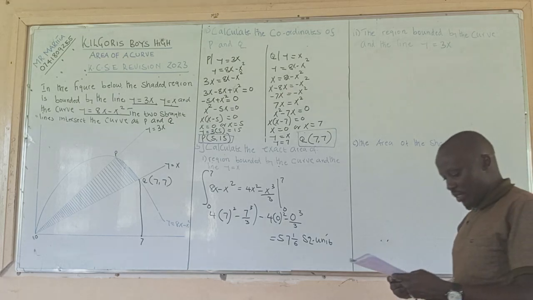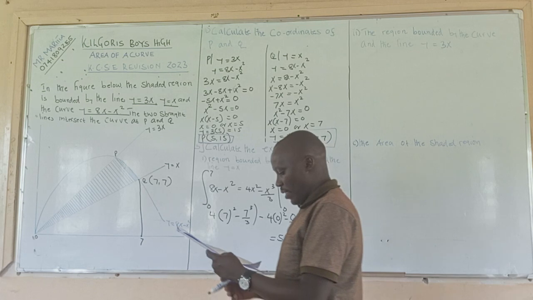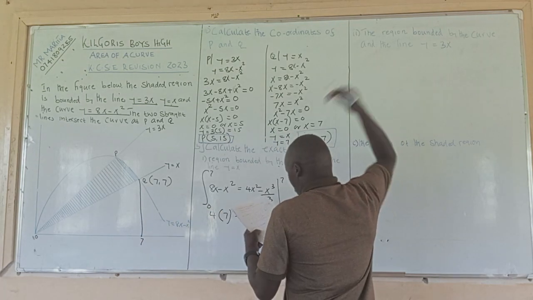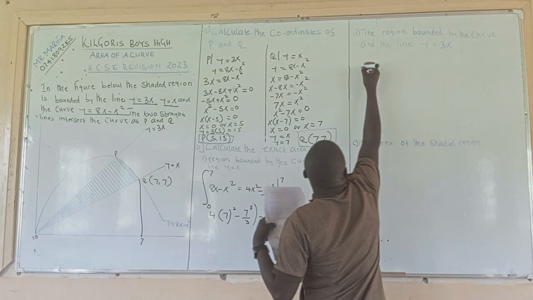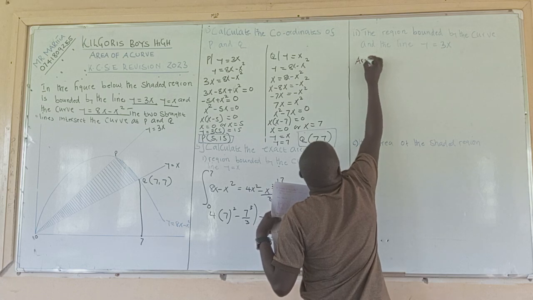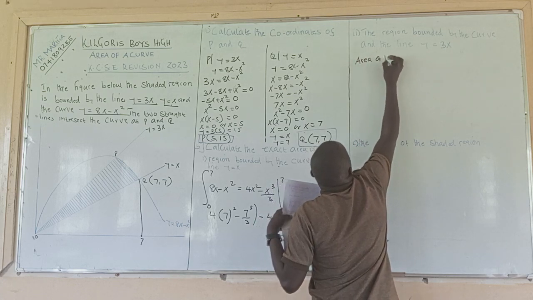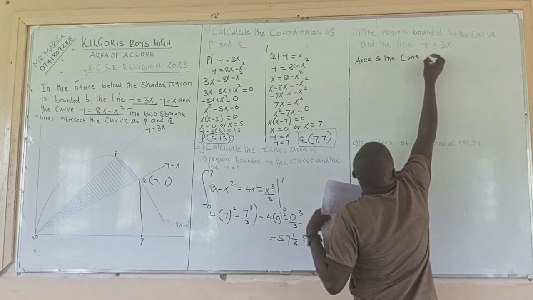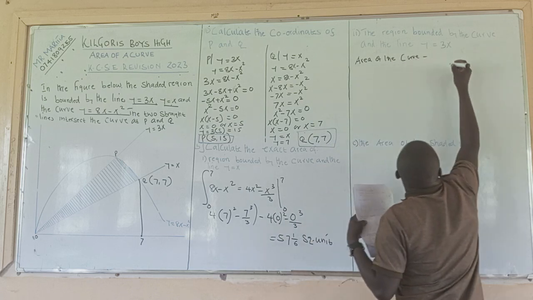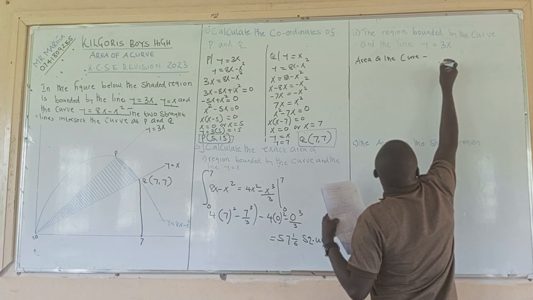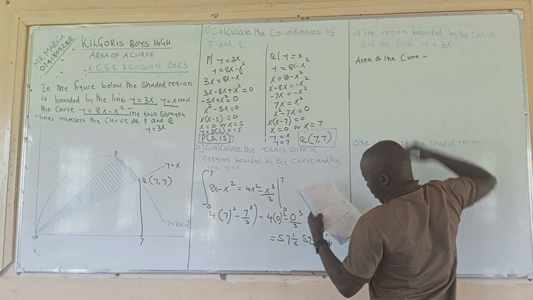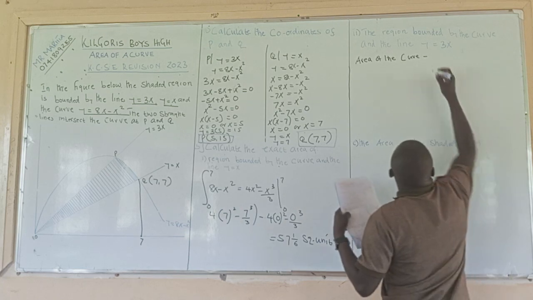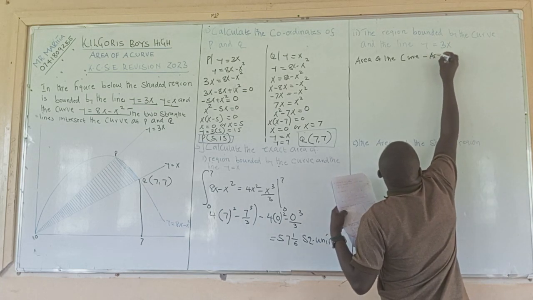Simply, what we mean there is the area of the curve. You get this one as the area of the curve minus the area below the line.